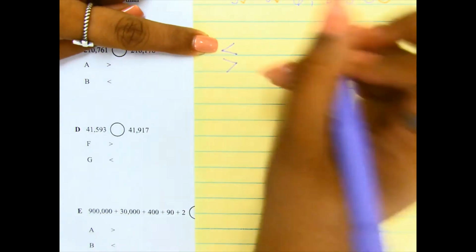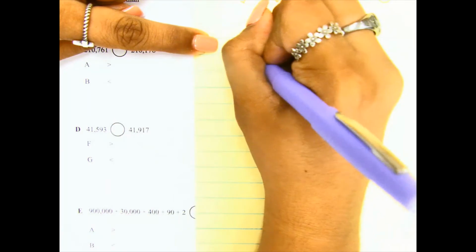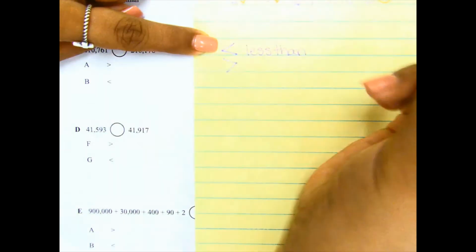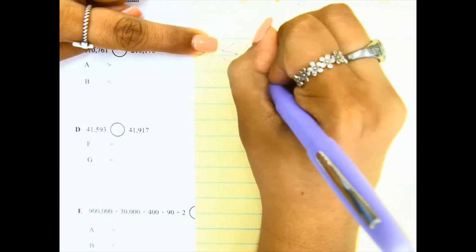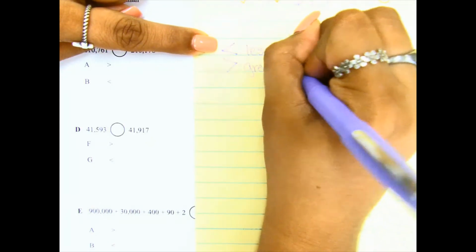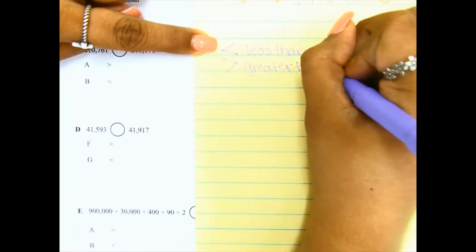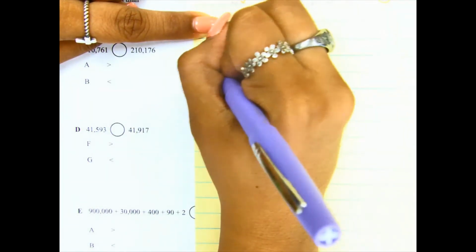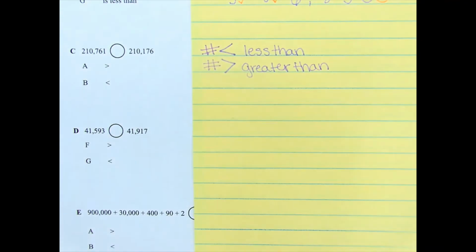Now this symbol means it is less than. This means that it is greater than. So I'll have a number here and a number here. And I want us to remember that the alligator likes to eat the greater number.